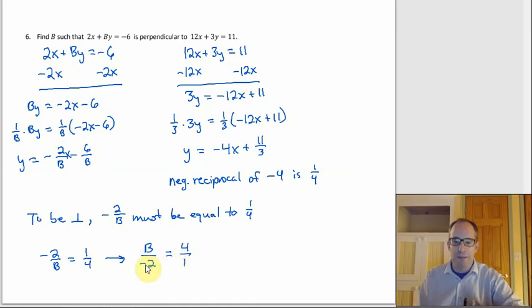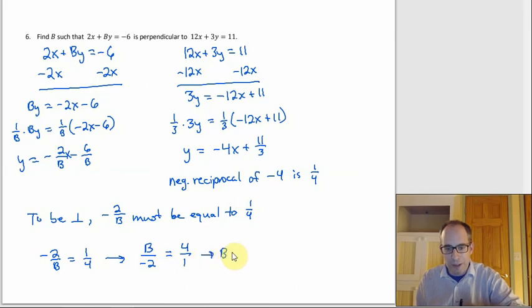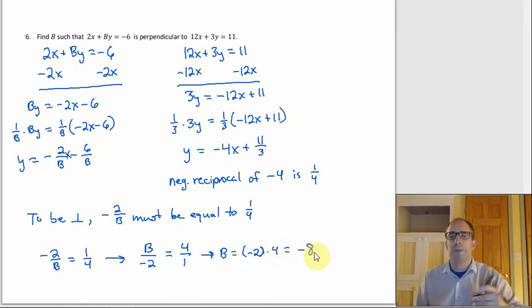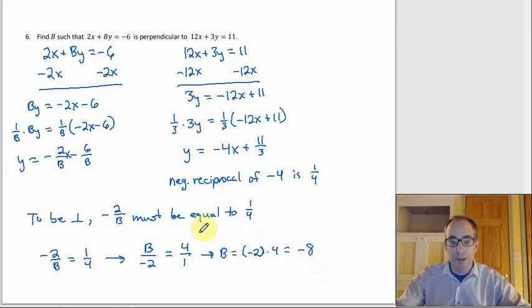And then to solve for b, you would just have to multiply both sides by negative 2. So then b equals negative 2 times 4, which is negative 8. And that should do it. And if you check, negative 2 divided by negative 8, that's 2/8, which is 1/4. So yeah, it looks like that works.